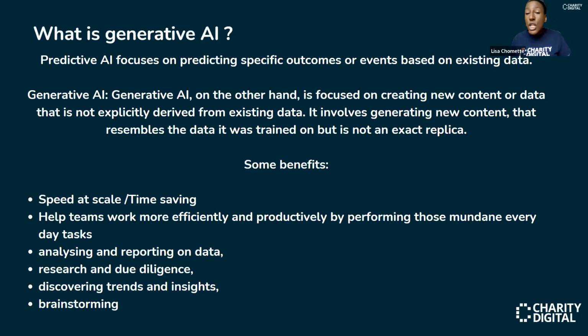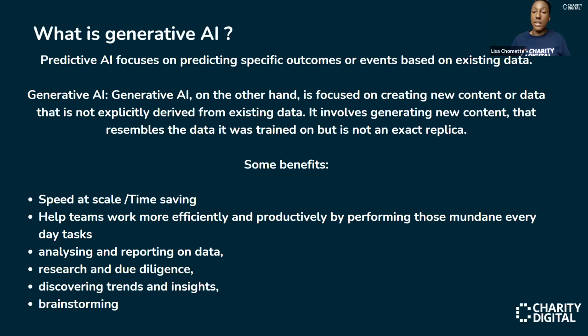The tech has led to huge benefits. What is going to be interesting to us is generative AI, because we've been doing predictive AI for a long time. Predictive AI focuses on predicting specific outcomes or events based on existing data. So we use historical data to identify patterns and trends, which are then used to make predictions.